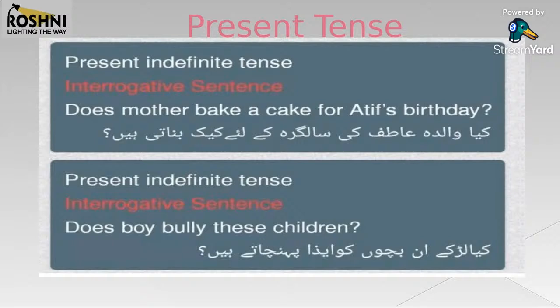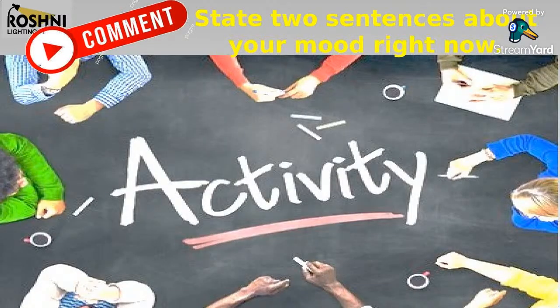All right, now there is a small activity which you need to do right now. State 2 sentences about your mood right now. What is your mood? State in 3 sentences. I would suggest you use affirmative, negative and interrogative, all 3 of them.